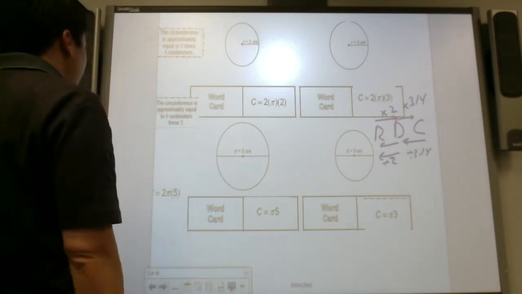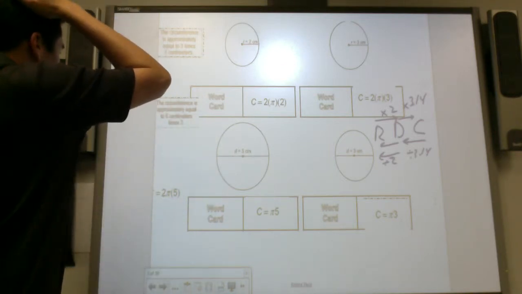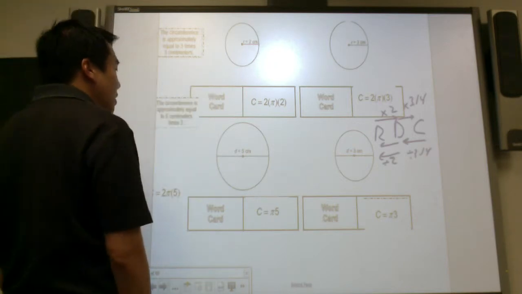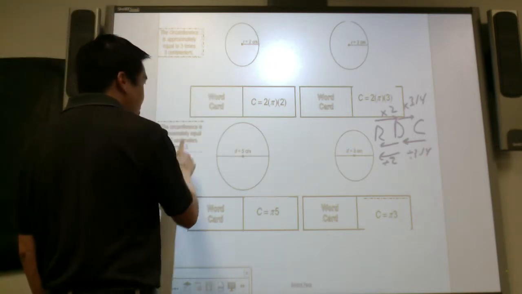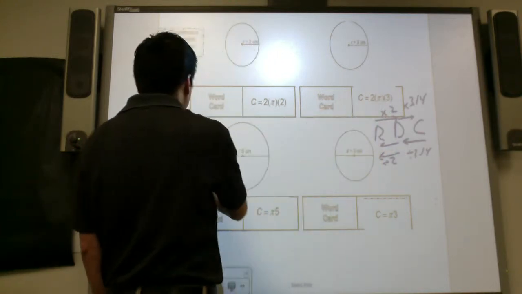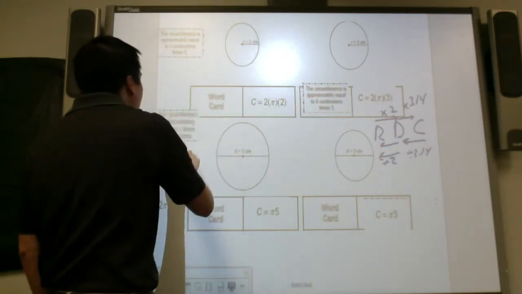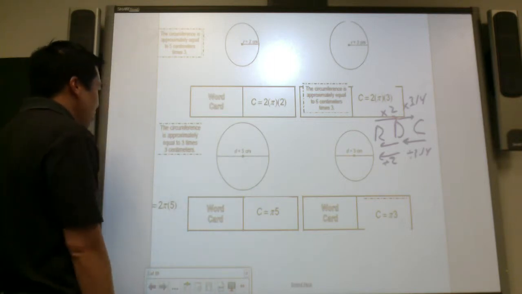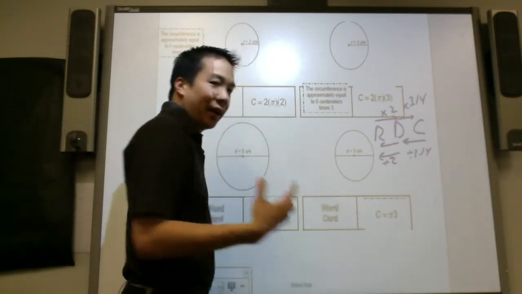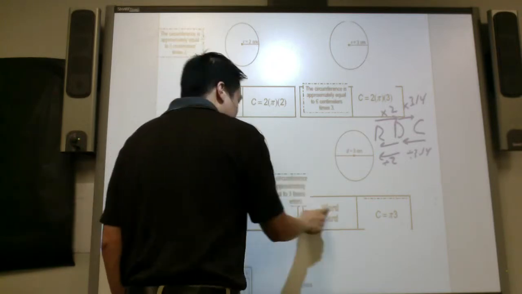So circumference is approximately equal to 6 centimeters times 3. Oh, 2 times 3 is 6, times 3. Then it'll be that one. The circumference is approximately equal to 3 times 3. Pi, we're estimating, is 3. 3 times 3 is that one.